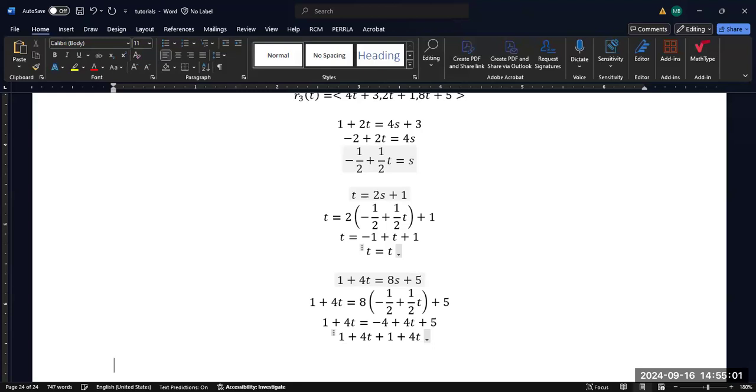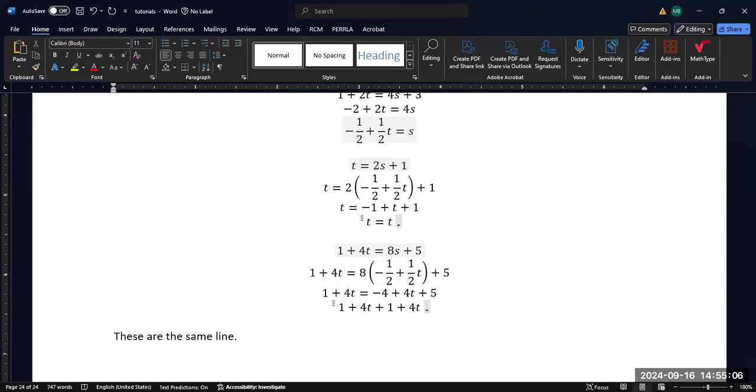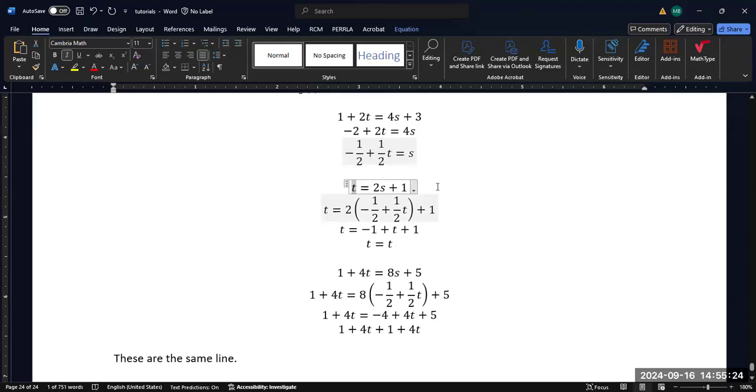So these are the same line. They're not actually parallel because they're identical lines. They're going to pass through all the same points with the relationship that s is equal to this relationship. They're going to be passing along at different points along the line, but they're nonetheless going to be the same, representing exactly the same set of points.